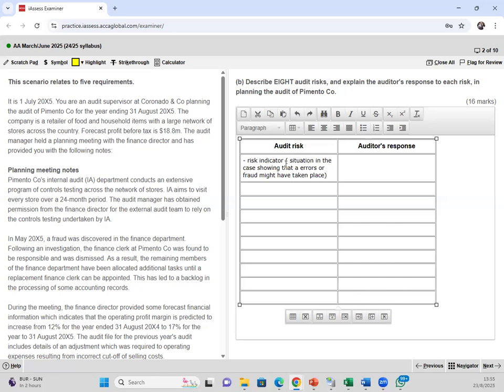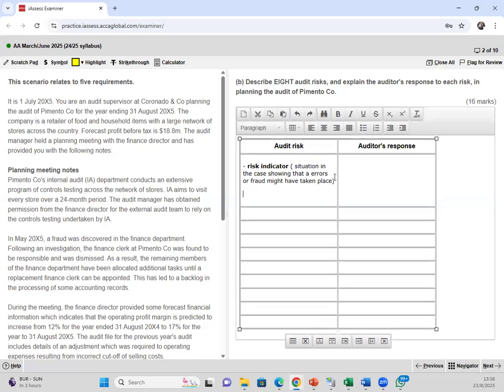So a risk indicator is just a situation that you're saying is giving us a hint that if we are not careful, then errors could have taken place. That's the risk indicator.